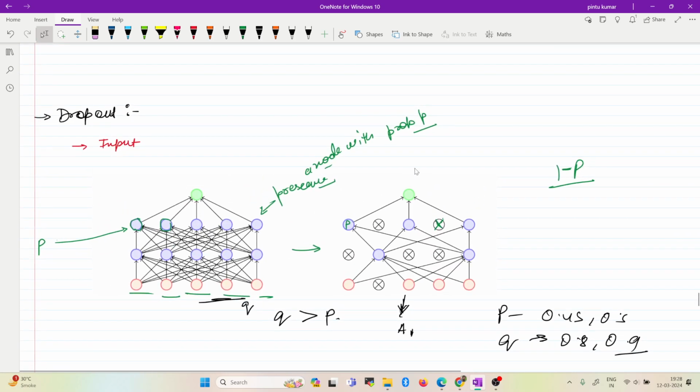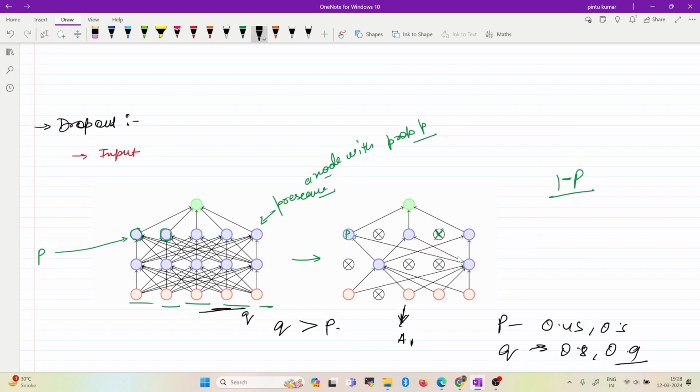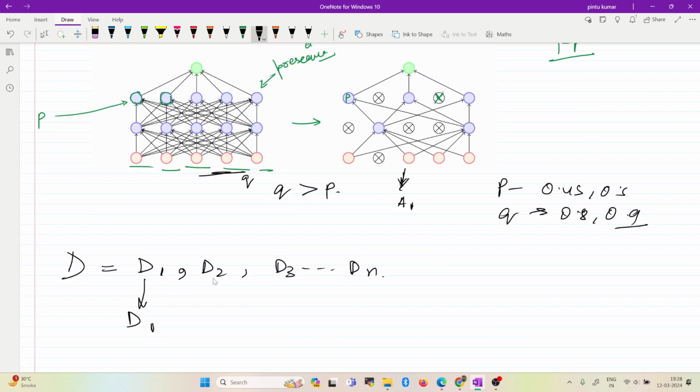This second architecture over here I am referring to as A1, and you update your weights based on the loss on D1.